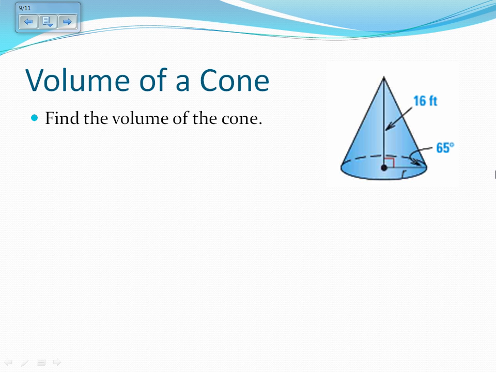Good. And what do we need to be sure that we do with our calculators before we try this problem? Make sure it's in degree mode, okay? Those will cancel. So we get r is equal to 16 over tangent 65 degrees. Kevin, can you do that for me? r equals 7.46.